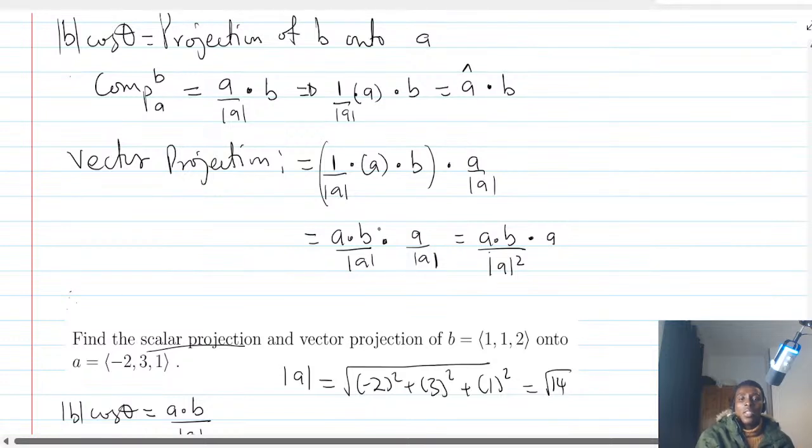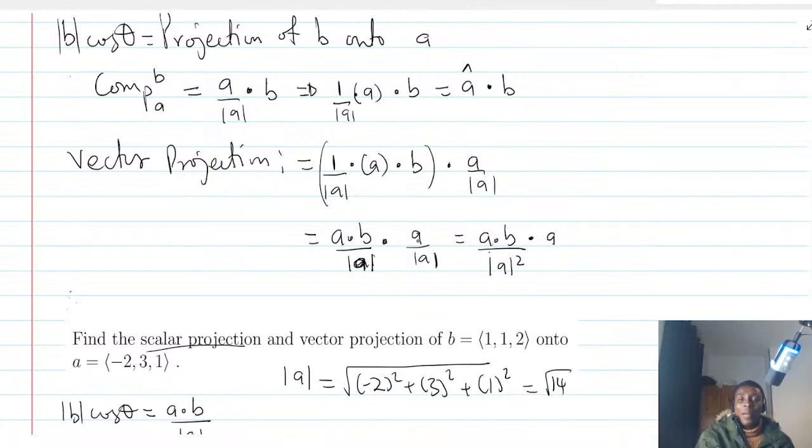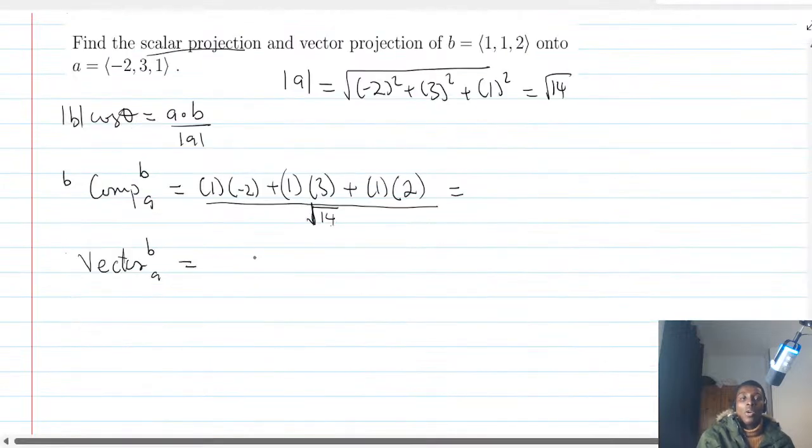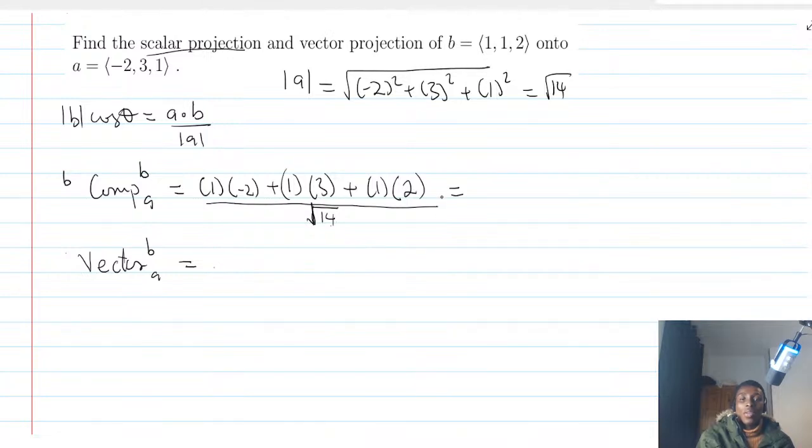It is the scalar projection multiplied by the unit vector. We carry everything we know here, which is the scalar projection, then multiply by the unit vector. We are waiting for the scalar projection.